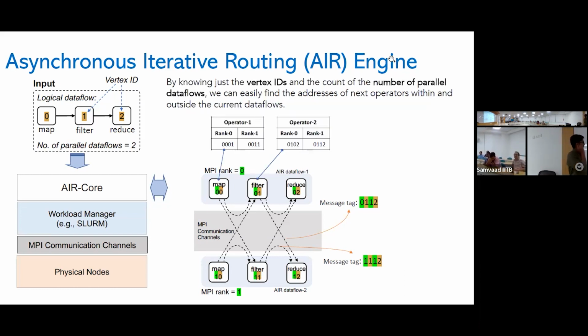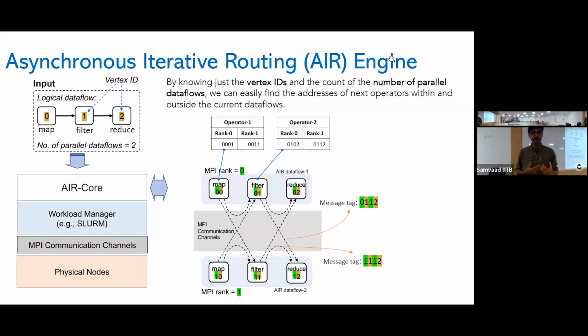You can see that the beauty of this construction is that if each of these processes is aware of the ranks, the number of processes, and the vertex IDs that are given to the other data flow operators, each operator could easily calculate what address it should use for communicating with any other process within this container, which is very important.